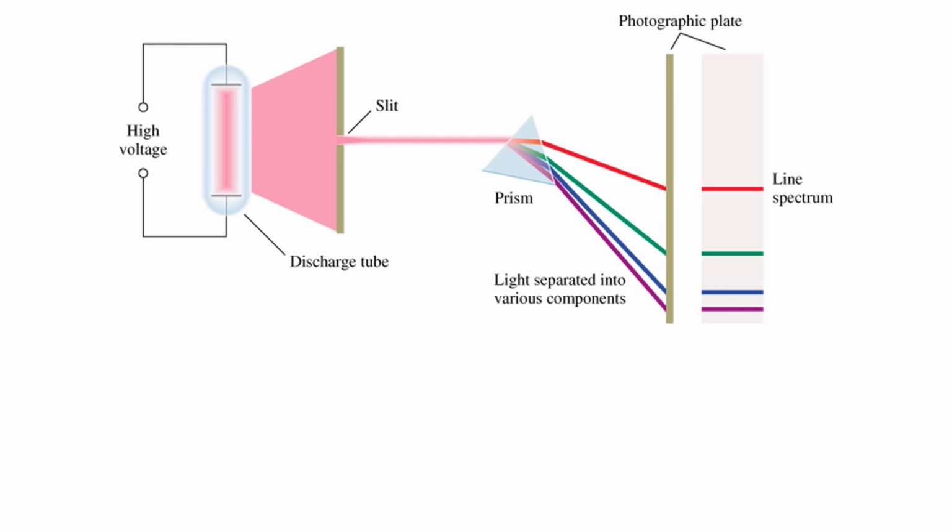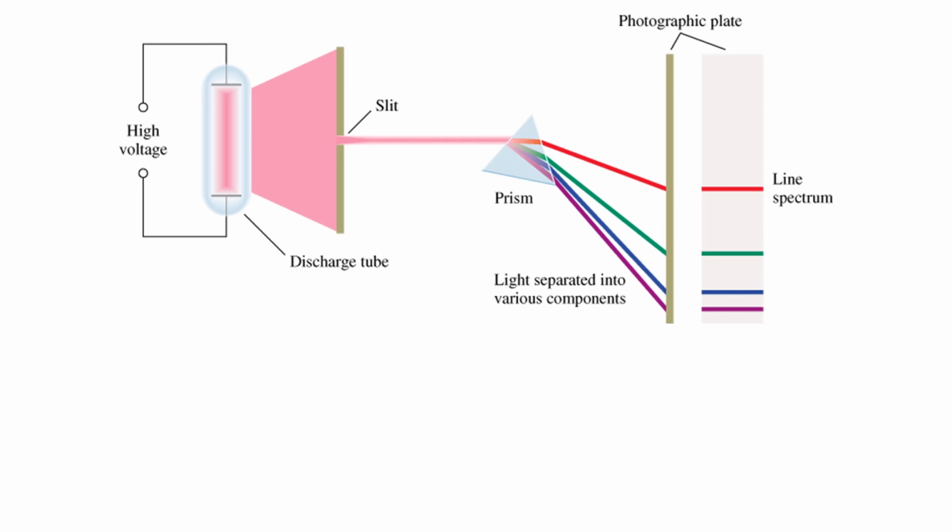And we are shown here the line spectrum of hydrogen. So in this diagram or figure, we have a voltage system connected to hydrogen gas that's in the discharge tube, and there's a plate with a slit in it through which the electromagnetic radiation is funneled.